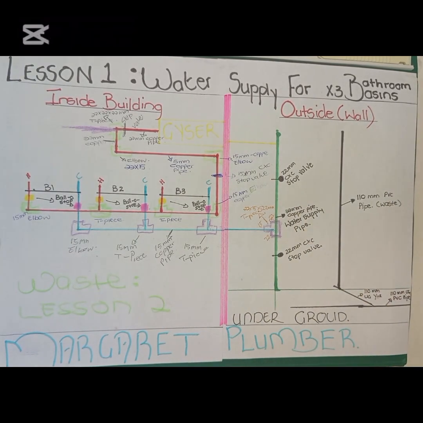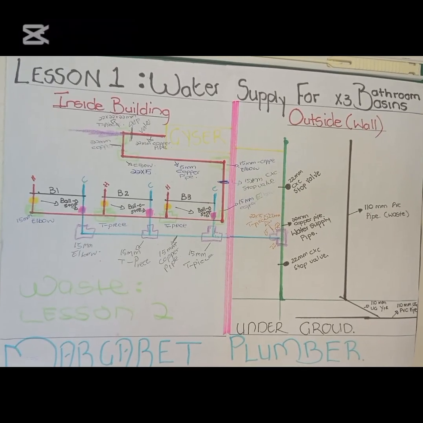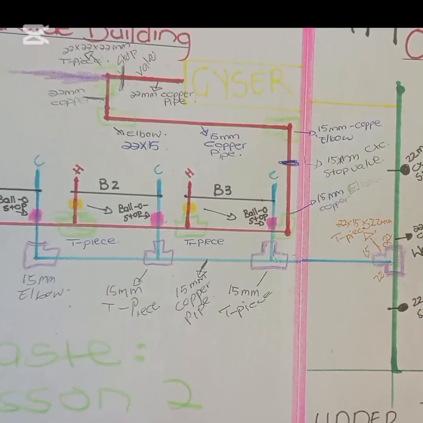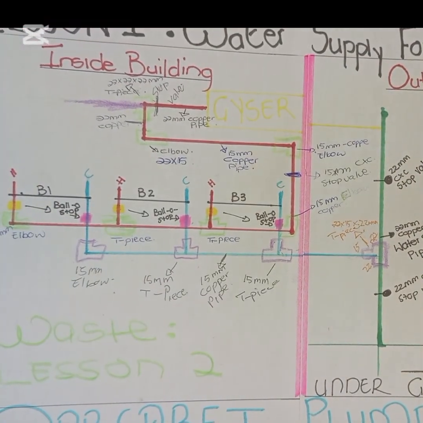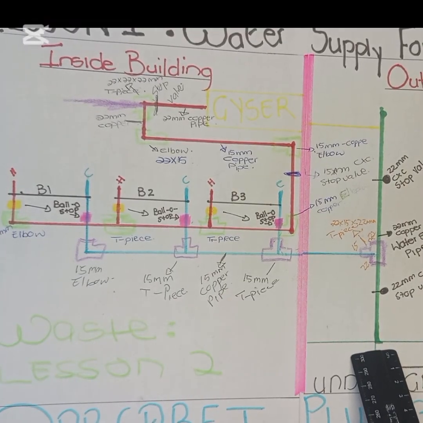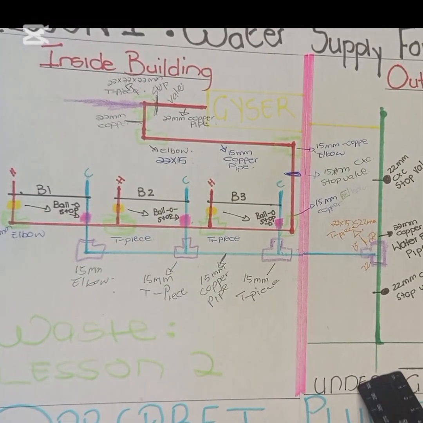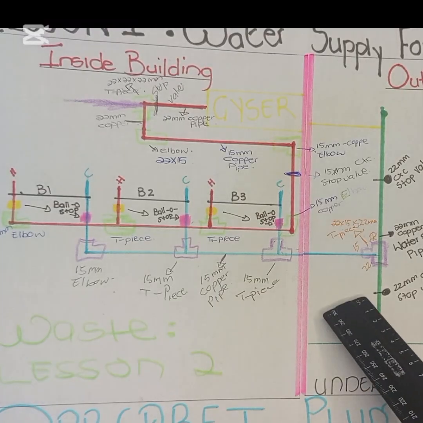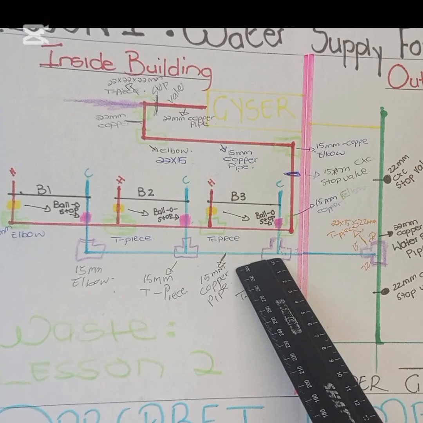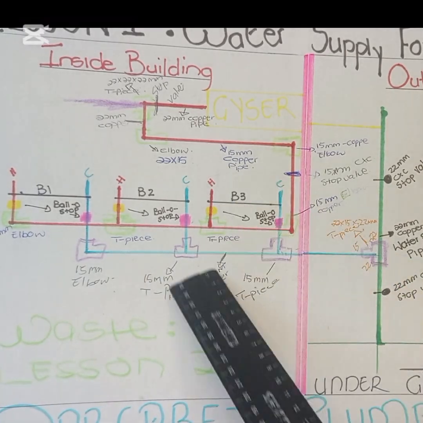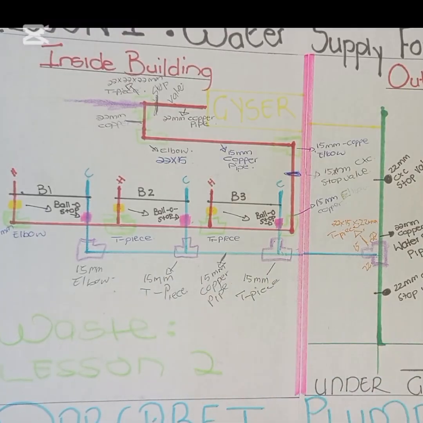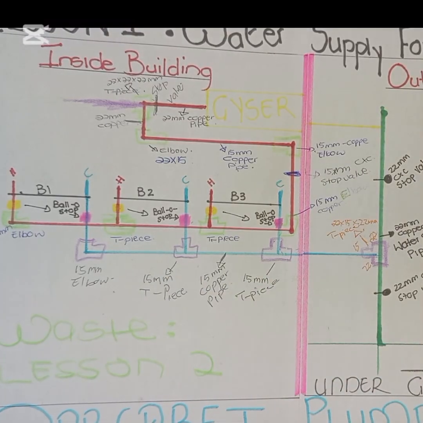Now, just a quick recap. This is the outside wall. This is where we found our water supplying pipe that is coming from underground. We have no idea where it's coming from. We've created a stop valve here that will be controlling the water coming inside the building, in case of any leakages in these areas, or a pipe burst or anything that could occur.